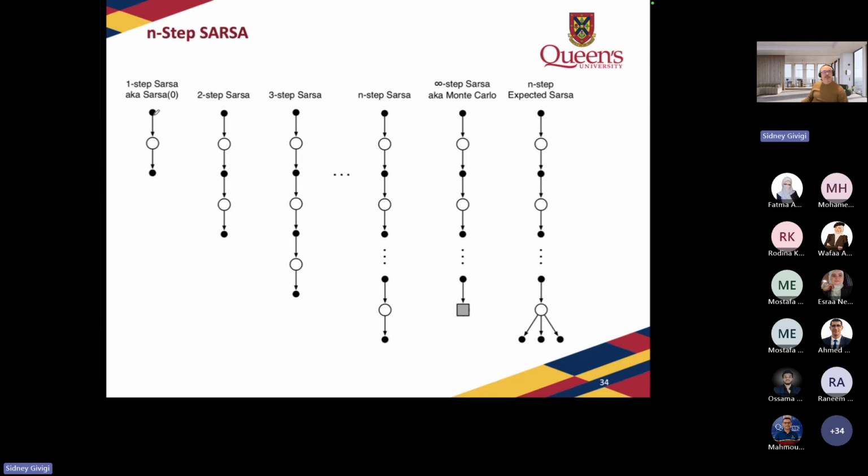This is just going to be a combination of all of these particular conditions all the way to Monte Carlo. In n-step SARSA, we do this for each one of these separately, but now we can combine all of them.